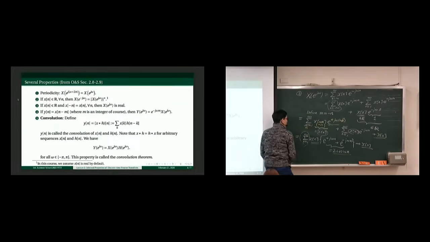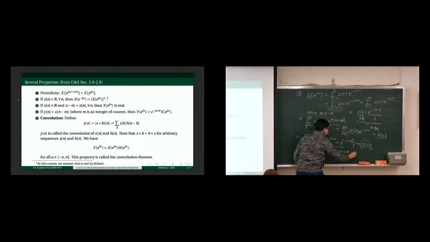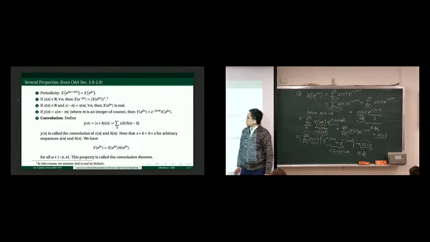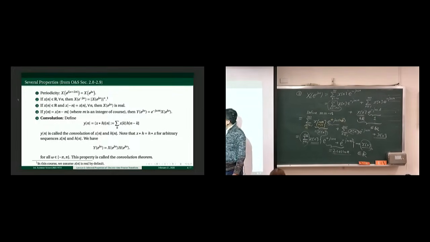We sum them up, everything is real, plus a real number, everything is real. We have completed our verification of property number 3: if our signal has a symmetry in time, then the spectrum becomes real valued. Okay, in this special case.